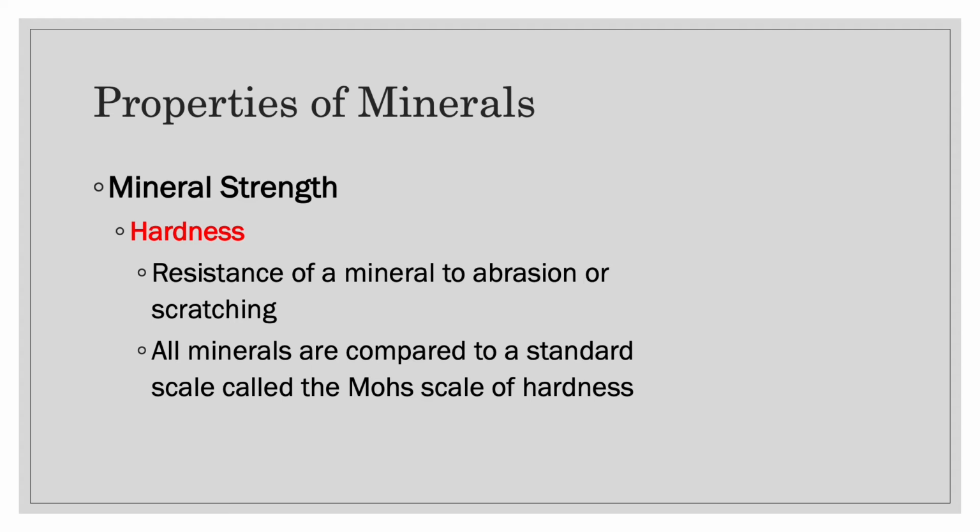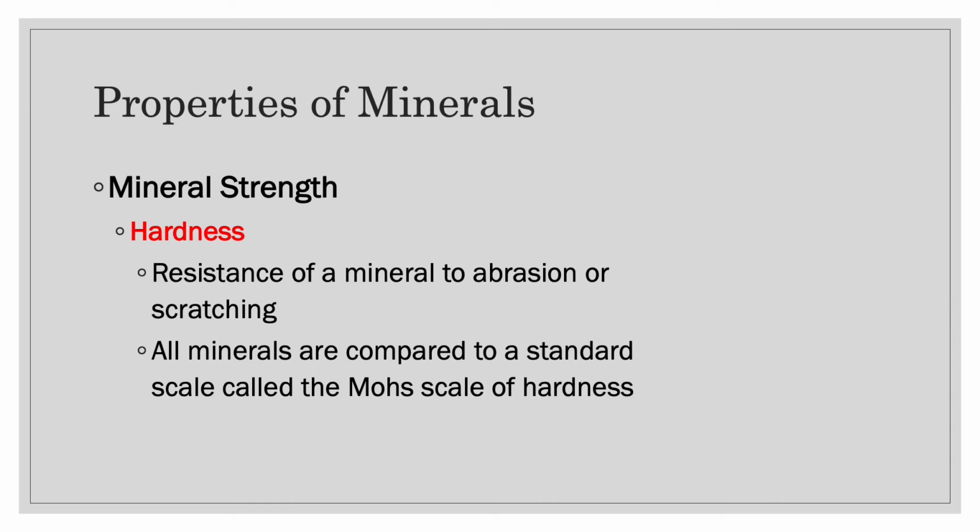So, for example, if you have a sample of a mineral sitting on the table and you're holding it and trying to scratch it with a nail or a penny, do the nail or penny scratch it or not? And if you take the mineral and you try and scratch a piece of glass, does the mineral scratch the glass or does the glass scratch the mineral? These help you to determine what the hardness of the mineral is, or its resistance to abrasion or scratching.